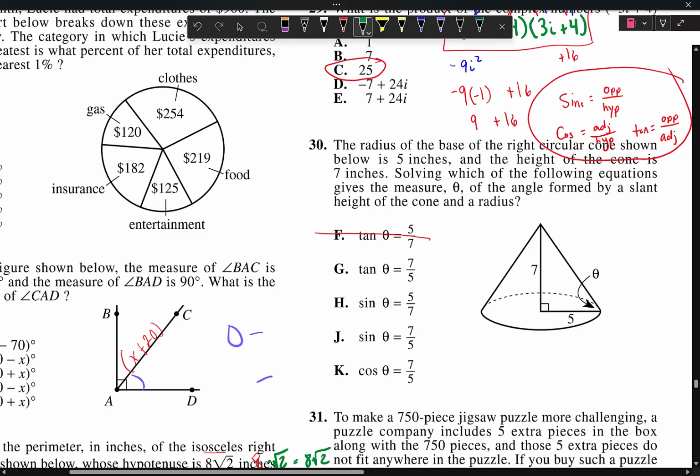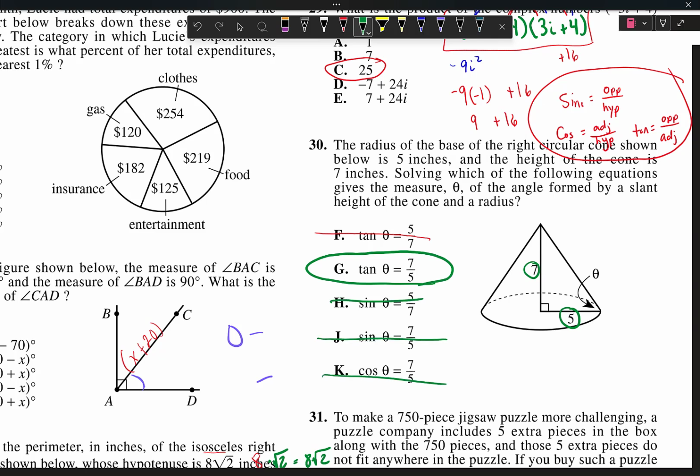So letter G, the tangent of theta is opposite over adjacent. Well, this is the opposite side. This is the adjacent side. So this one works out. We know it can't be sine or cosine, because these all involve the hypotenuse, which we are not given in this problem.